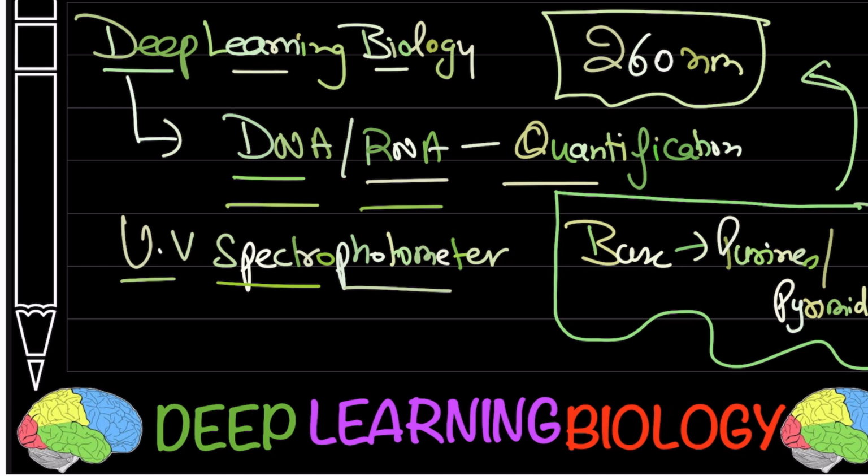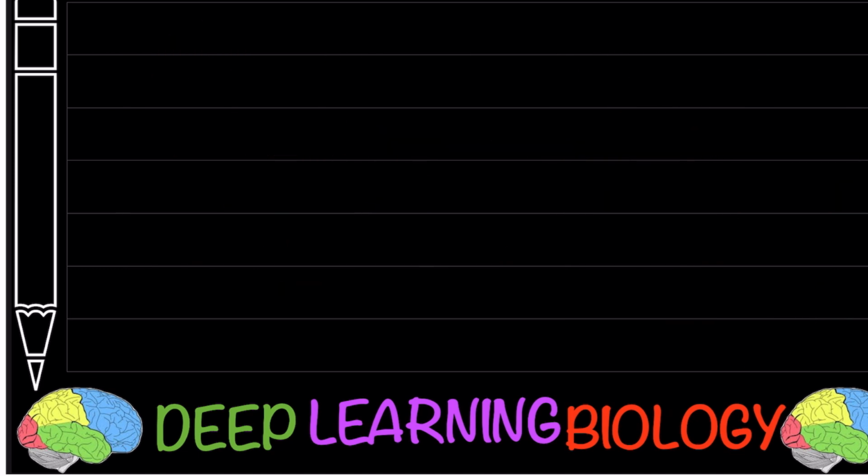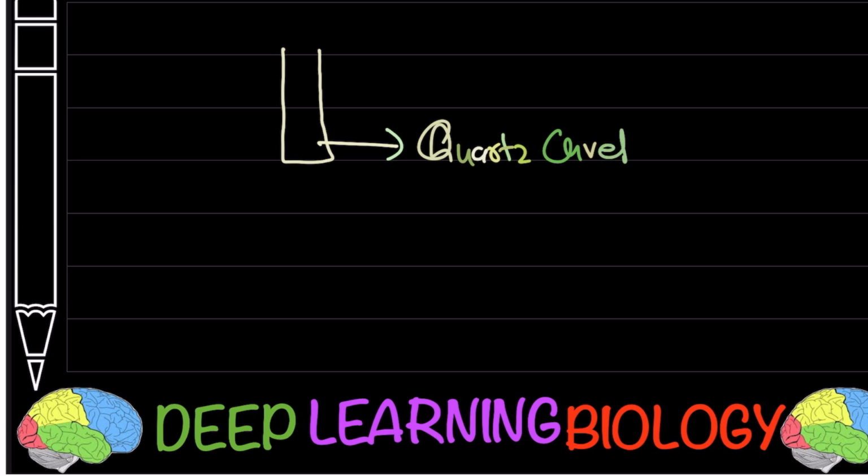Now try to see here, hopefully you must have seen a spectrophotometer within the laboratory. So here you are going to have a cuvette. In case of nucleic acid, we are going to use a quartz cuvette. Why? Because quartz is not going to absorb any UV light.